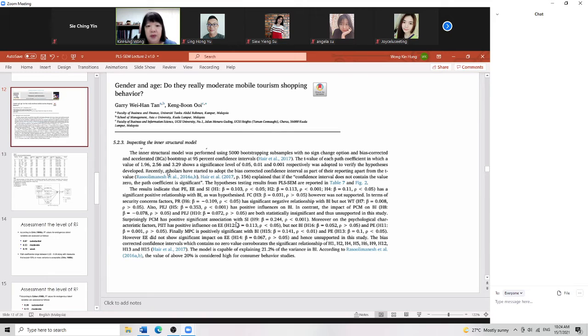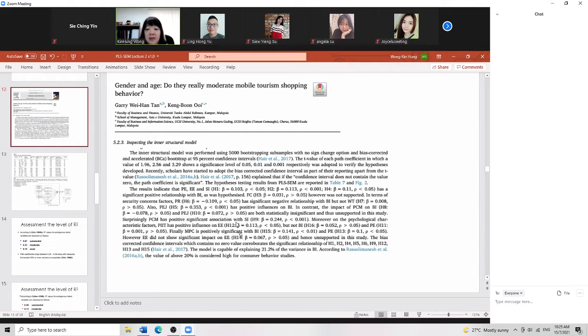So this one, recently the scholars did a bias-corrected confidence interval measure, there's no zero in between. Is that clear? So the results indicate, this is the different ways of showing you how to interpret. Is that clear? Has a significant relationship, positive influence, the impact of this.